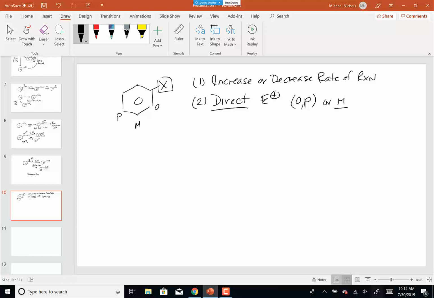But we also need to define then an electron donating group, an electron withdrawing group, and which groups are which. Which groups are donating, which groups are withdrawing.